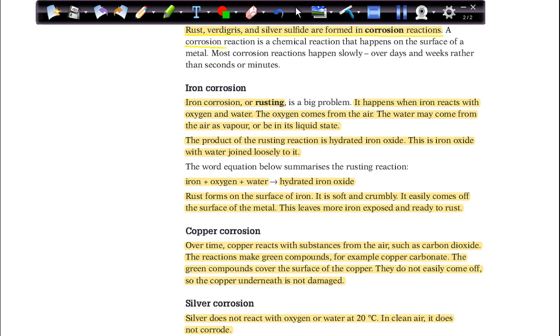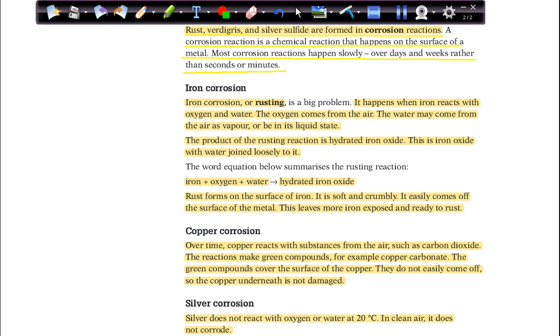A corrosion reaction is a chemical reaction that happens on the surface of a metal. Most corrosion reactions happen slowly over days and weeks rather than seconds or minutes. So it's impossible to find a corrosion reaction that happened in minutes, seconds, or even hours. It could take days, weeks, or sometimes years.